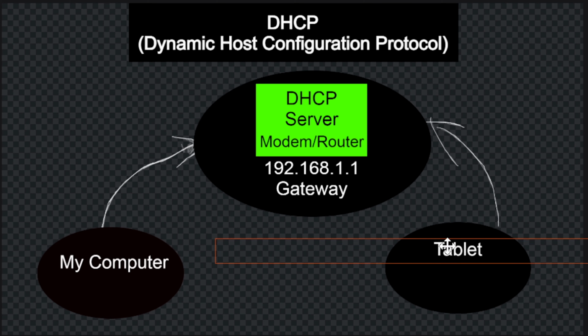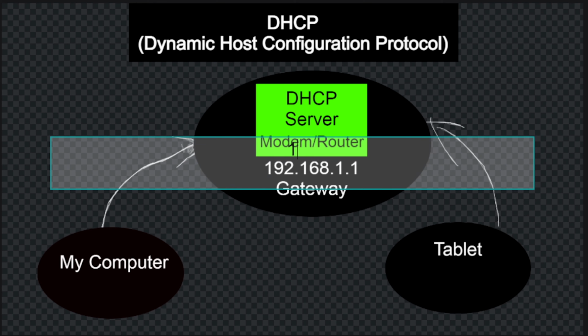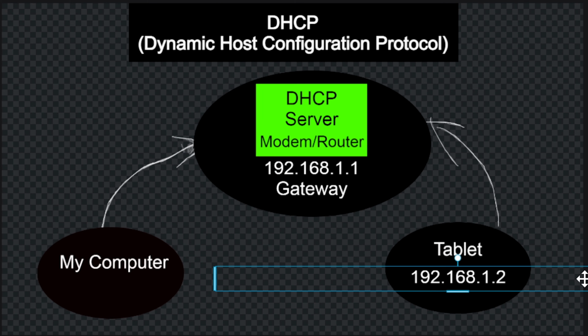So what's going to happen if tablet connects first to the DHCP server, gets a Wi-Fi signal? It's going to get an IP address, of course, right? Because it has to be identified. It's going to be 192.168.1.2.